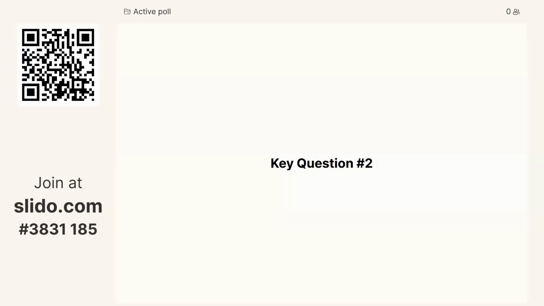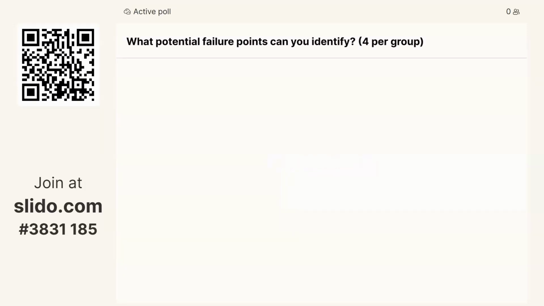So key question number 2. What failure points can you identify throughout a potential process? We talked about the questions in a general sense: what could be a hiccup? But now, specifically within a system, say it is functioning and running and is being given to you from someone else, what do you feel could be misunderstood, unique to your role, your work, and your lens of why you're here?